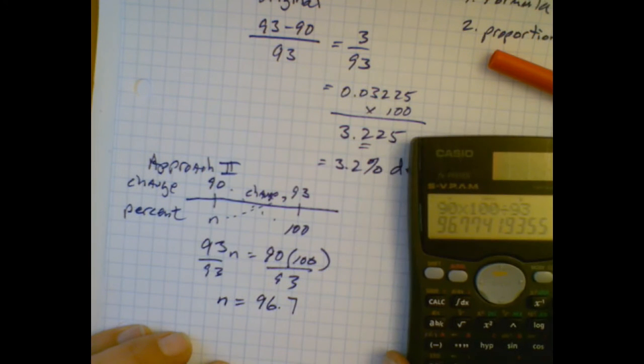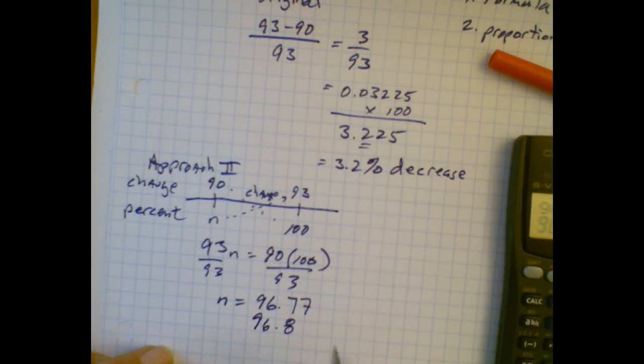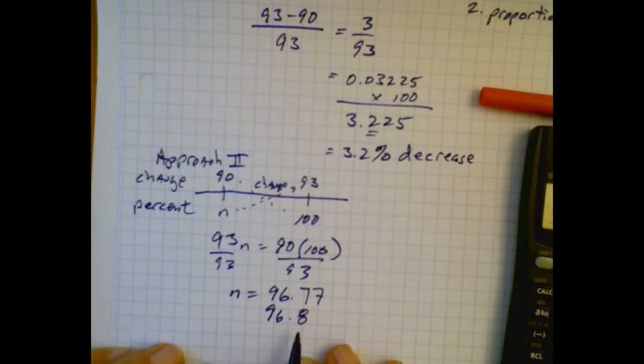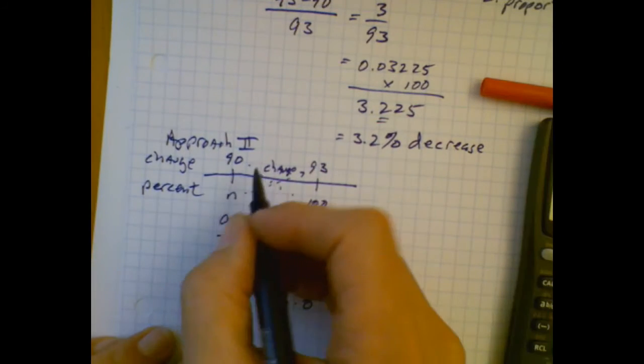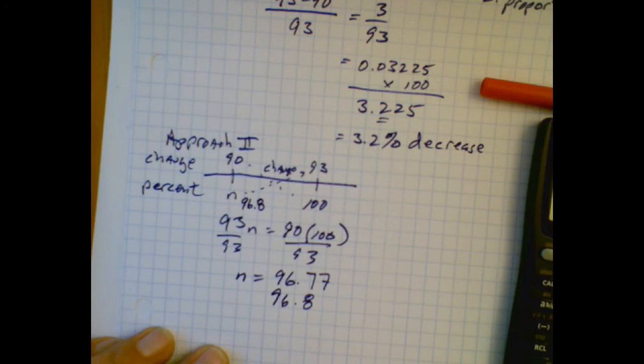If I were to round that, this would round to 96 and 8/10. Now this is not the change in percent, but it is the value n. So n here is 96 and 8/10. But this is written as a percentage. It represents a percent form.